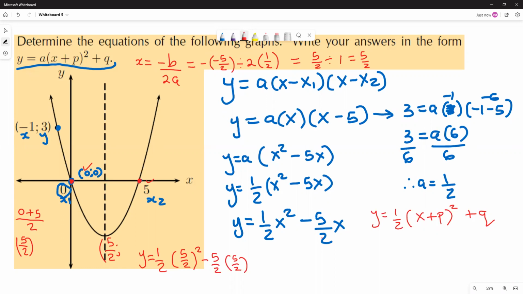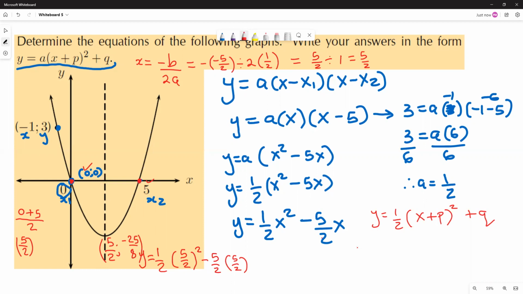Then minus 5 over 2, then bracket, then divided by 5 over 2. Then you close your bracket. And that gives you negative 25 over 8.